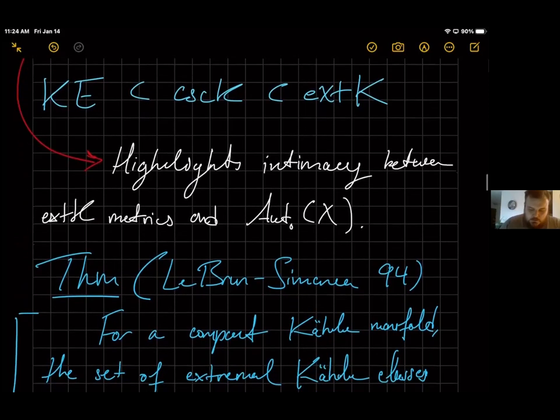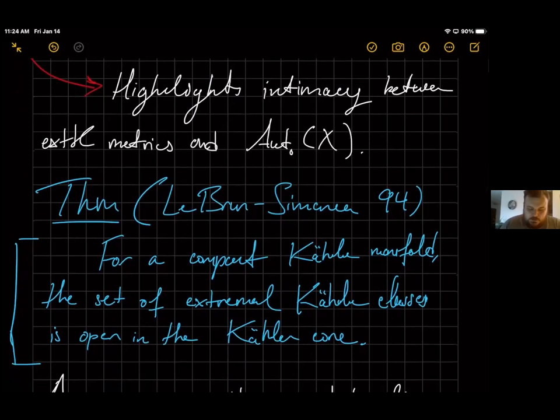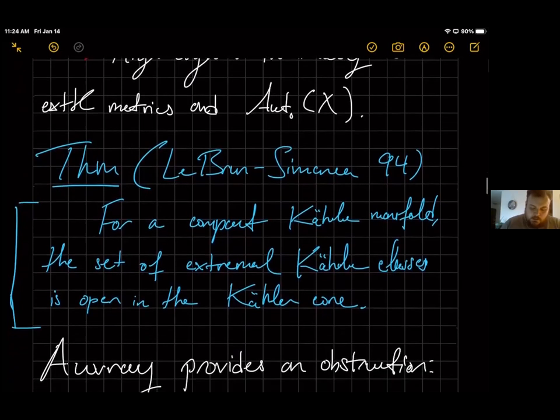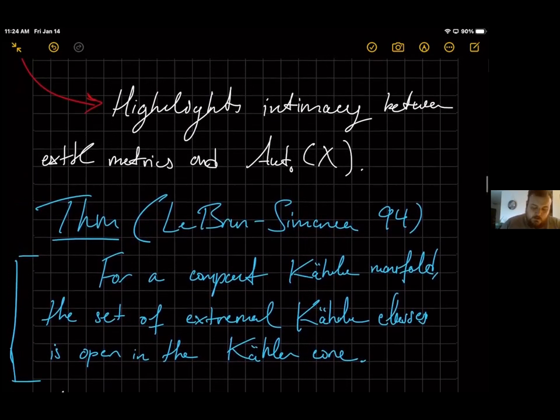Okay, so a property of extremal metrics in the compact Kähler case that's going to fail for the Poincaré-Type case, as we've outlined, comes from Lebrun and Simanca. And it's sort of a general openness property for extremality.